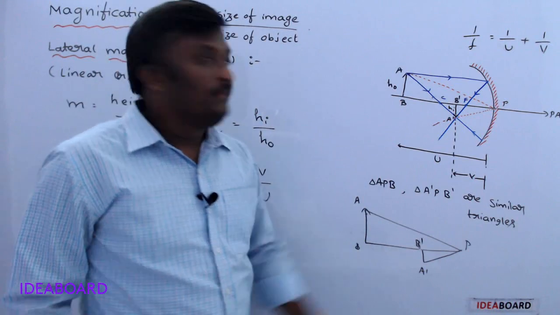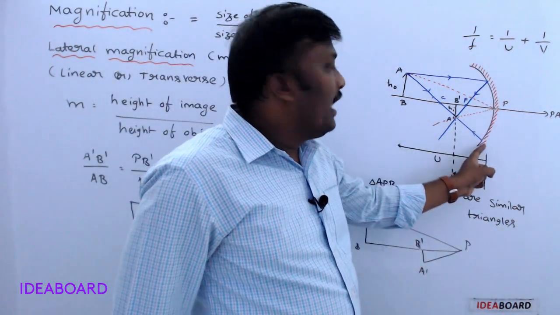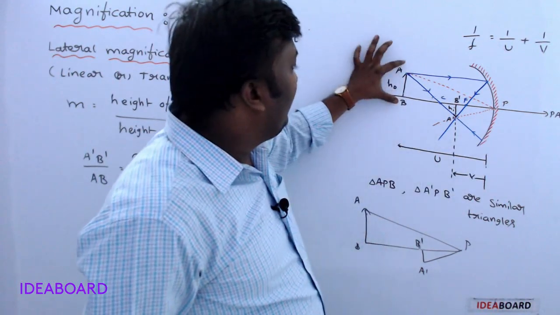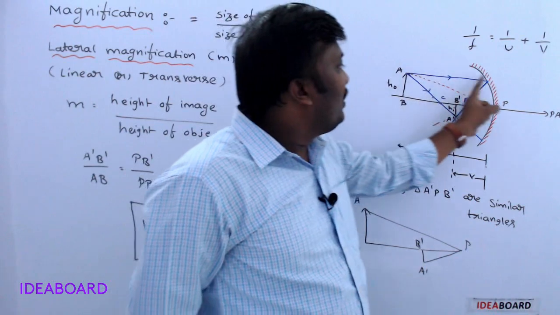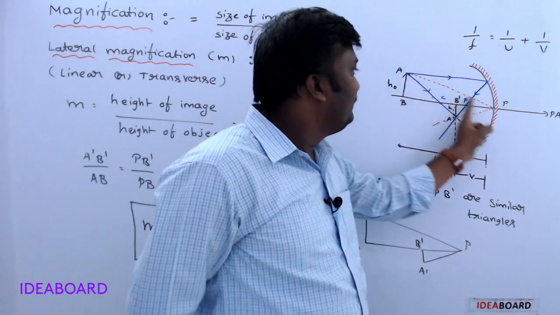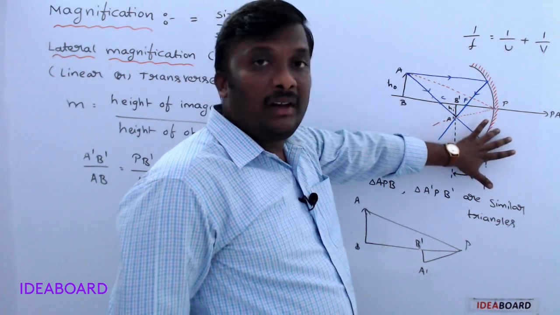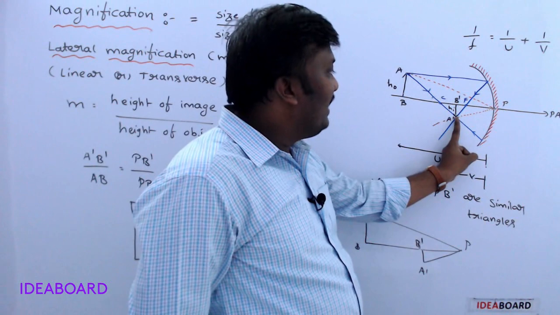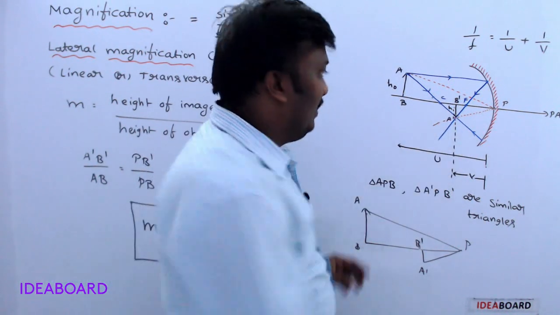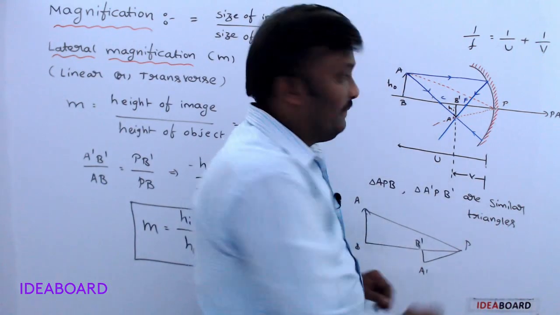Do you understand? One more time. Just listen carefully. I take one concave mirror. AB is the extended object. From the extended object, I consider different light rays. These rays touch the mirror and are reflected back and form their image at this position. From the pole to the object is the object distance.